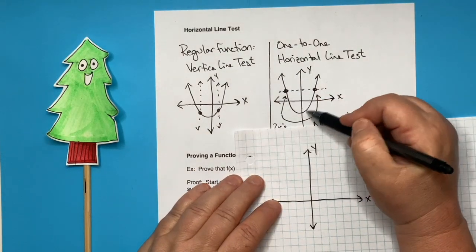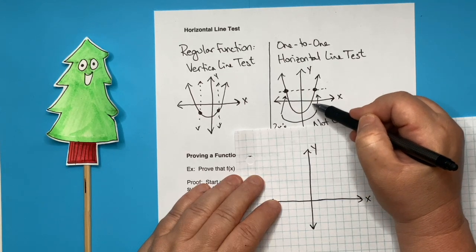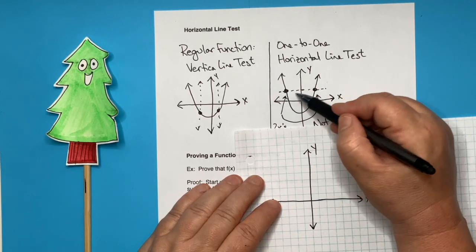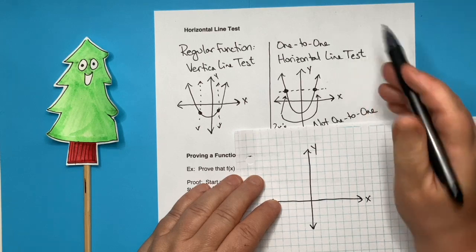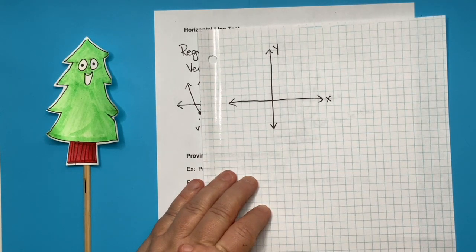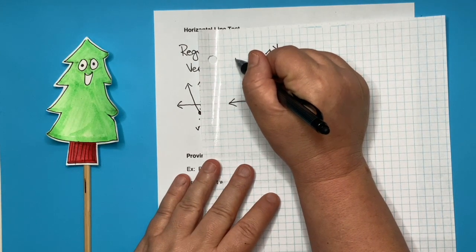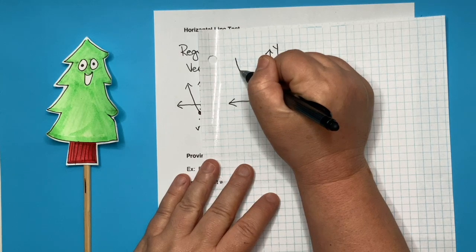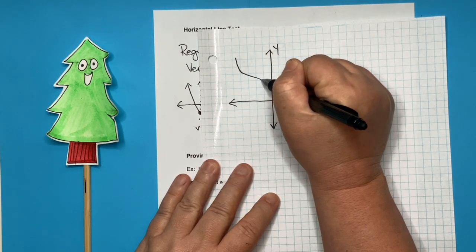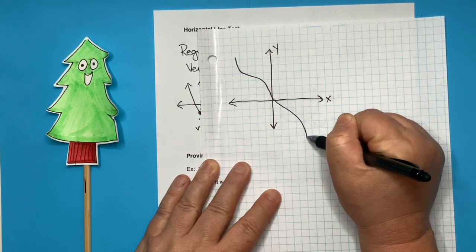The parabola failed because it scooped down and then it scooped up again, and a horizontal line crosses through two points. So if you want a one-to-one function, wherever you're starting, we could start the parabola, but then you can't scoop back up. So no matter where you go, you have to keep going in that same direction.